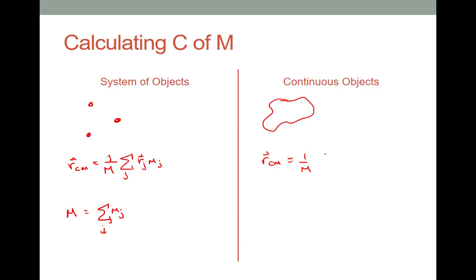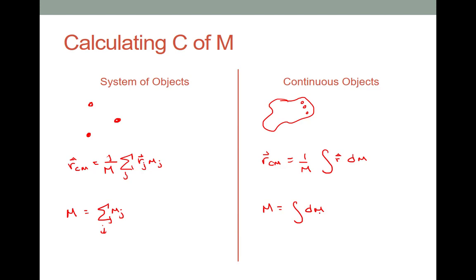So the center of mass becomes the integral of the position multiplied by a little chunk of mass. Basically, you're going to look at little itty bitty chunks of mass, integrate over them and add them up, right? And just as we did before, we need the total mass, which will be the integral of each little chunk of mass.